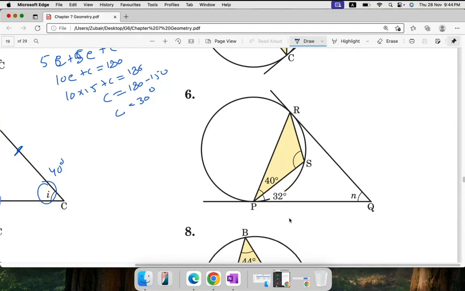We can just ignore that, and this complete angle is 40 plus 32, that is 72. And this complete angle could be written as 72. We don't have to worry about these two splits. Complete angle is 72. So 72 plus 72 plus n is equal to 180. 180 minus 144, and n is 36. Do you agree? Yes, sir.